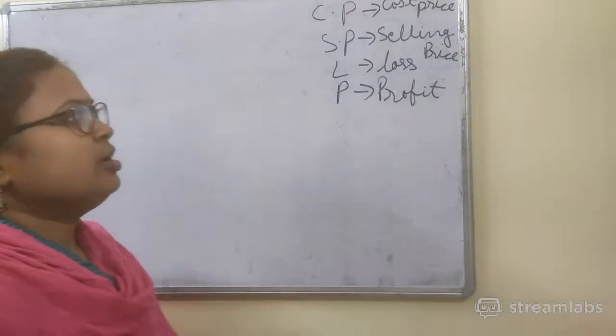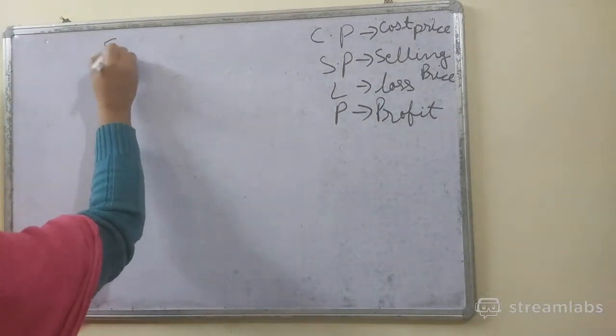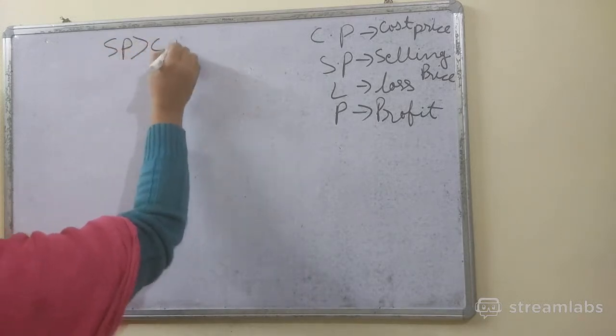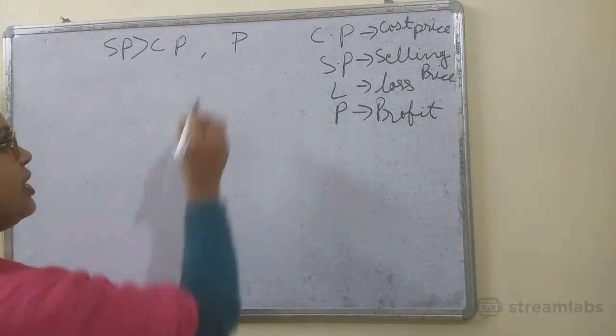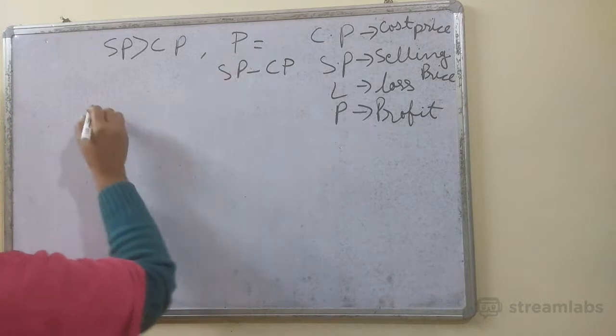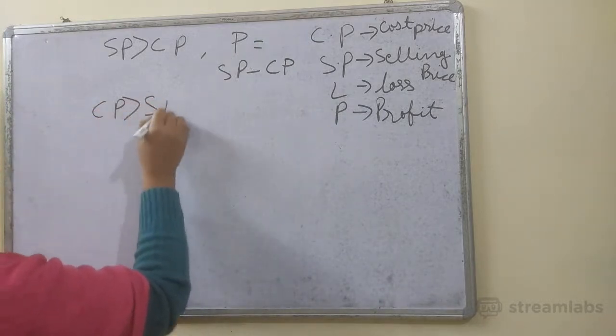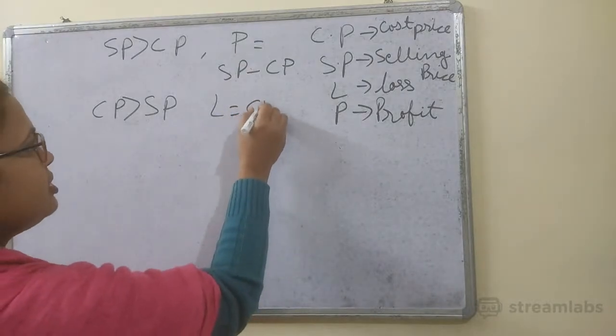So when SP is greater than CP, then there is a profit. And how do we find the profit? SP minus CP. When CP is greater than SP, then there is a loss. And how do we find the loss?